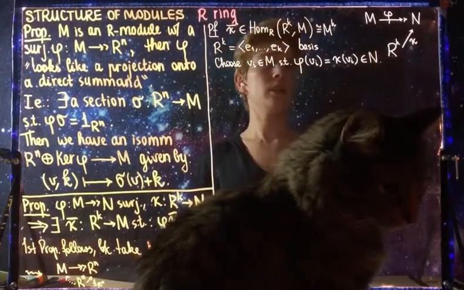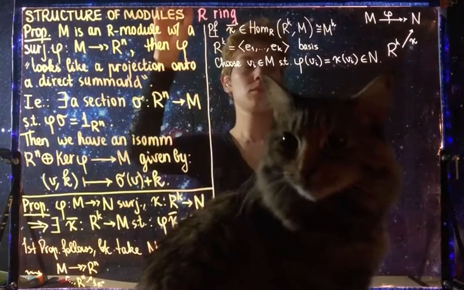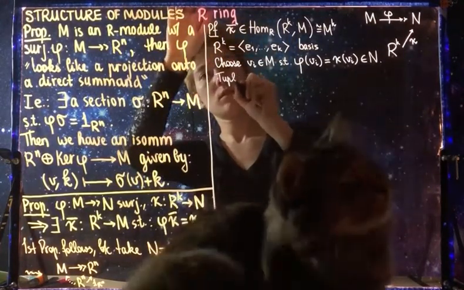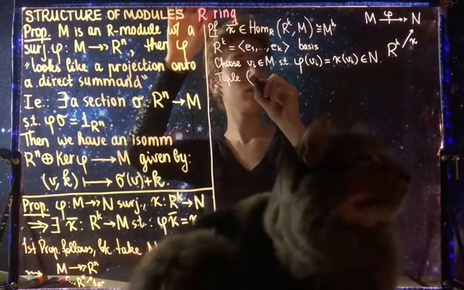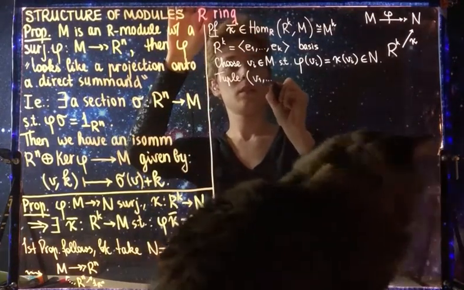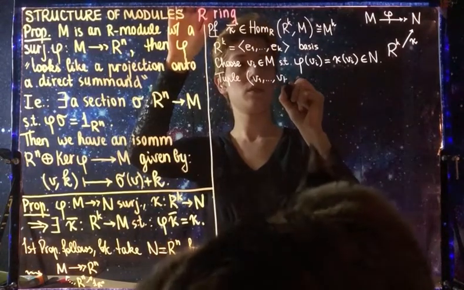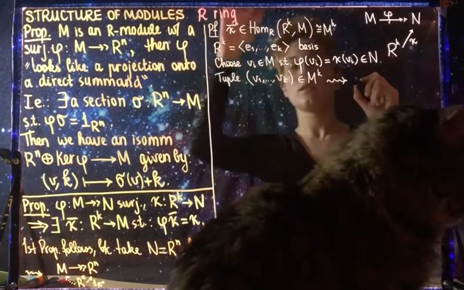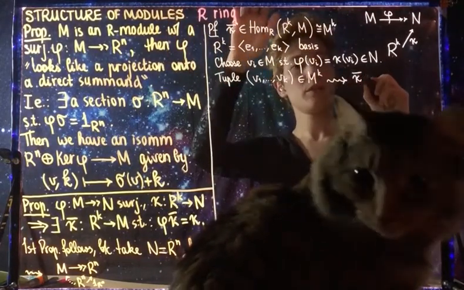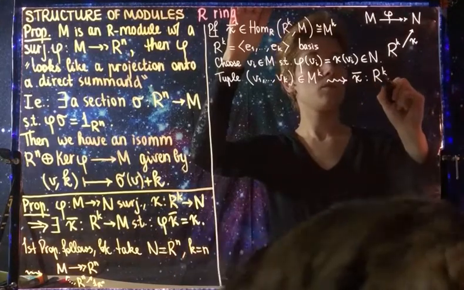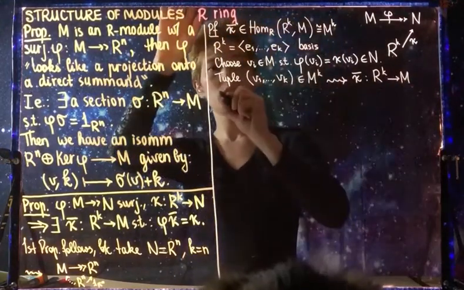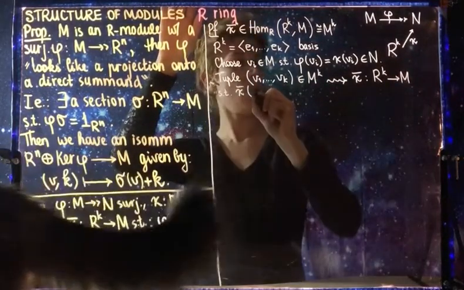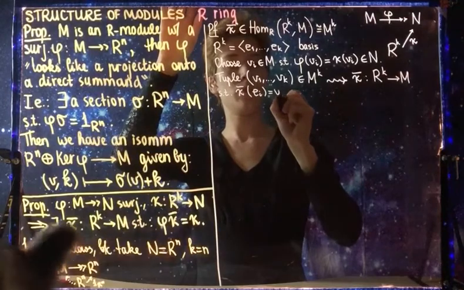So these are elements in N. And this tuple v1 through vk defines a homomorphism kappa bar from Rk to M such that kappa bar of ei is equal to vi.